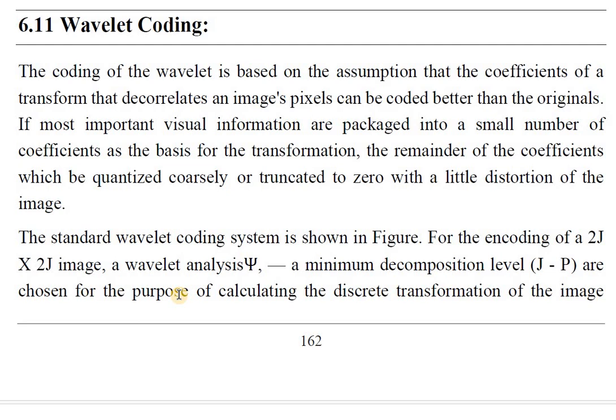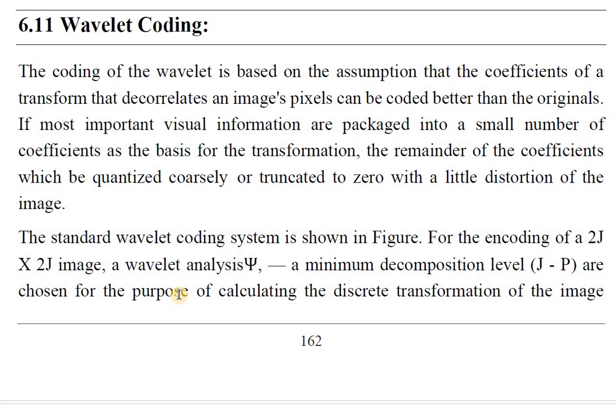What we are trying to do is find coefficients of the transform that will decorrelate an image's pixels so that they can be coded better than the originals. Because if there is correlation, it is going to take more memory or more coding length.